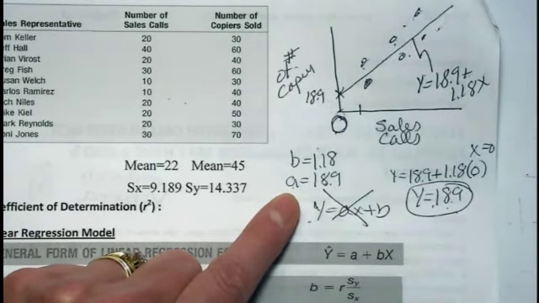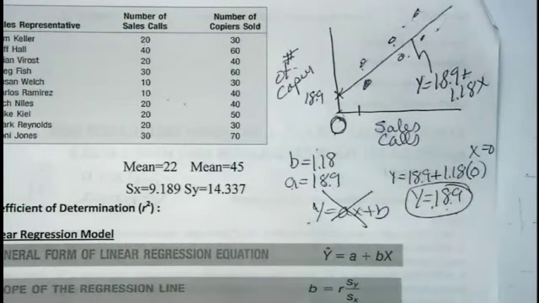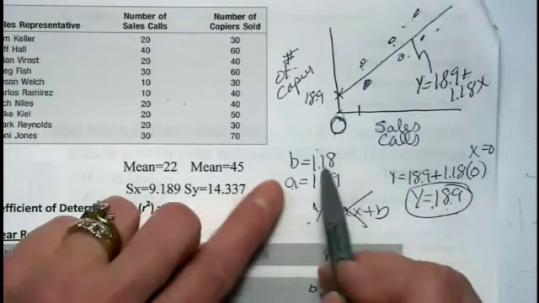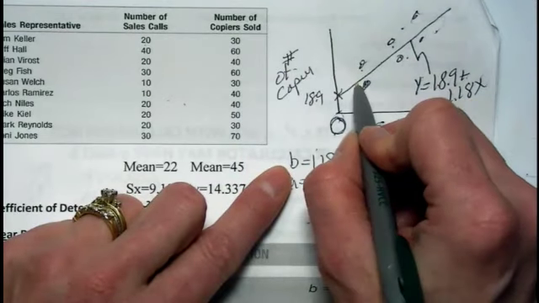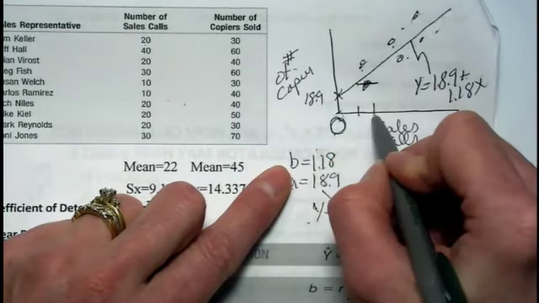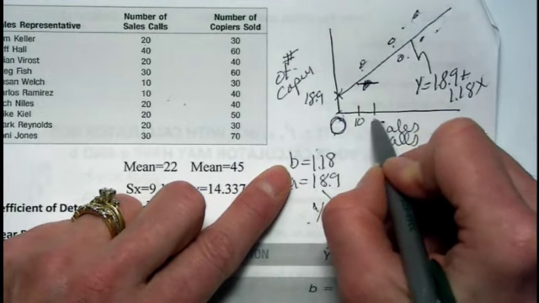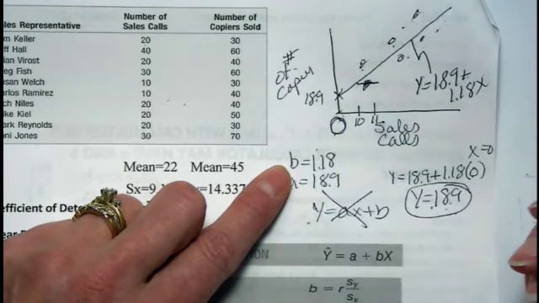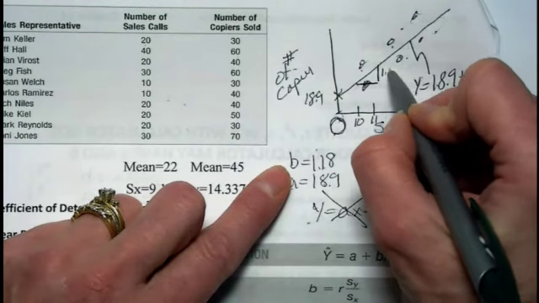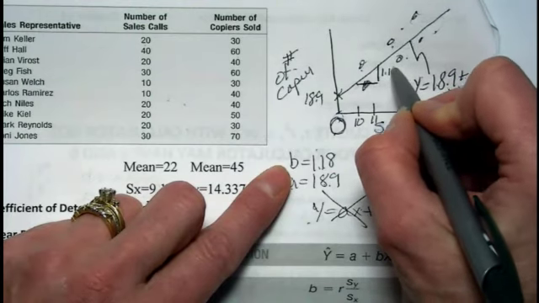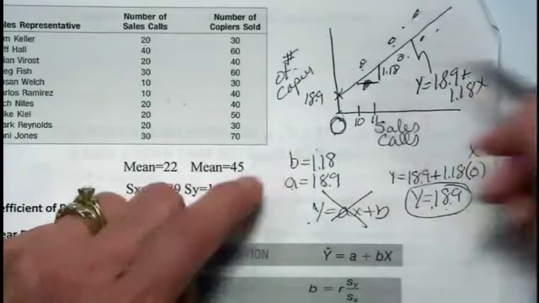That's an important piece of information for a business to know. The interpretation of B is for every 1 sales call, let's say if I go from 10 to 11 sales calls, I will sell 1.18 copiers.